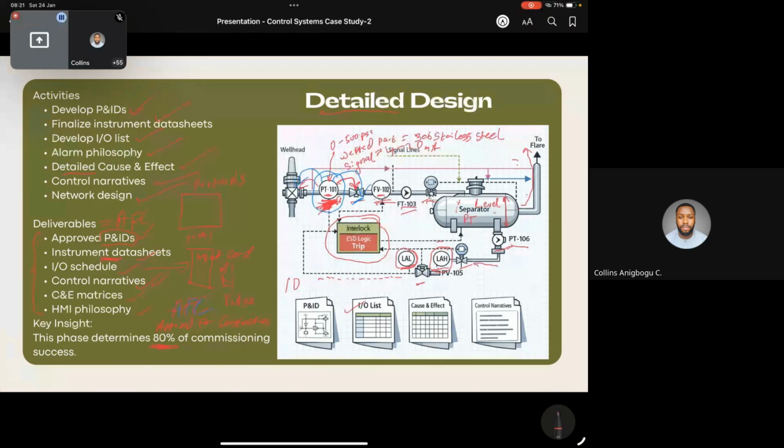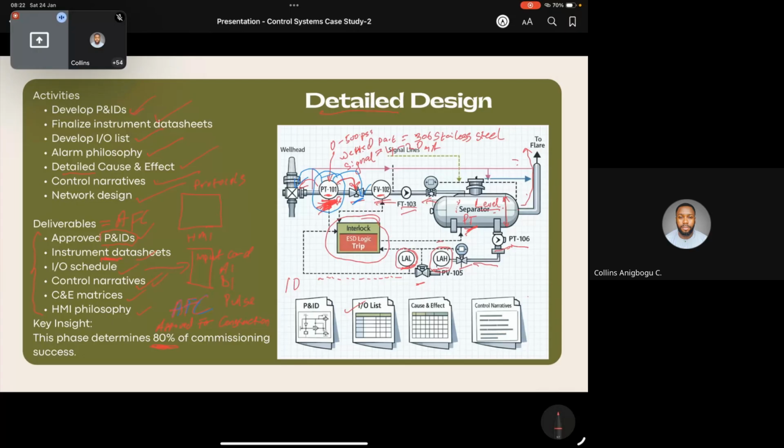So we look at the cause, we look at the effect, and then it helps us to determine the mitigation, right? So if this level fails, then something must tell the operator that this level has failed, right? If this PT fails, then something must tell the operator that the PT has failed. And then there must be a defined line of action to follow. Do you understand?